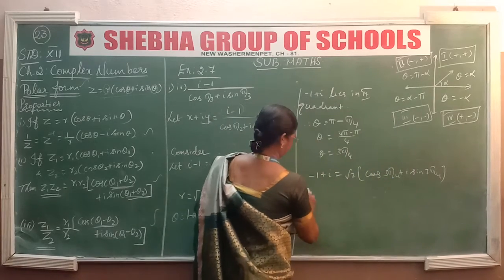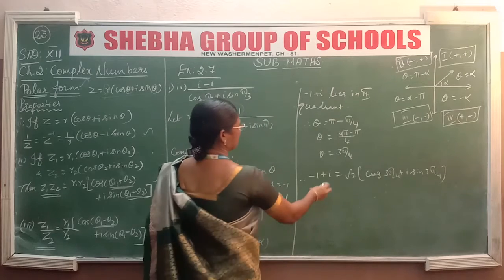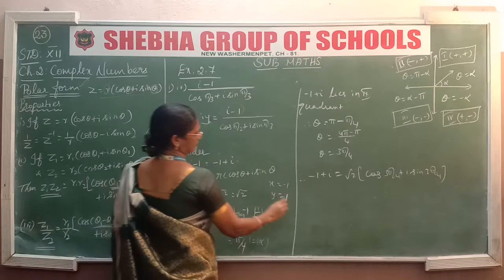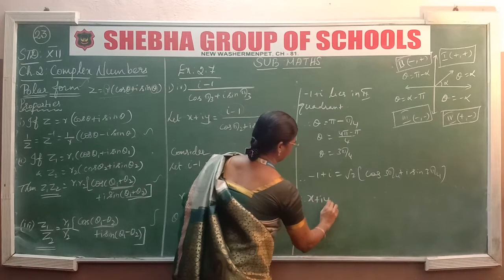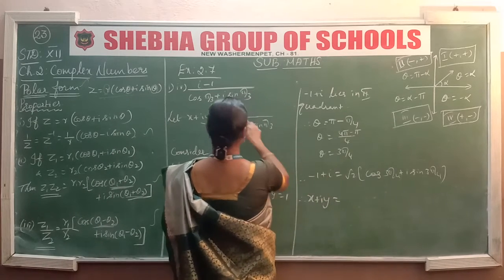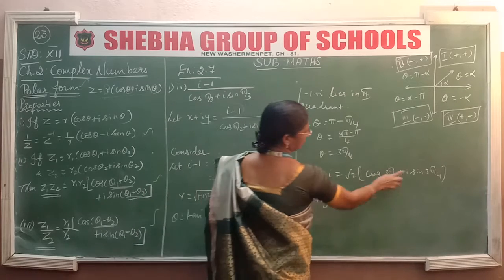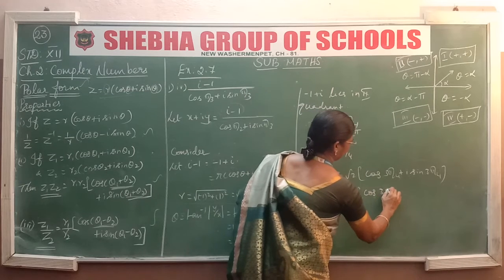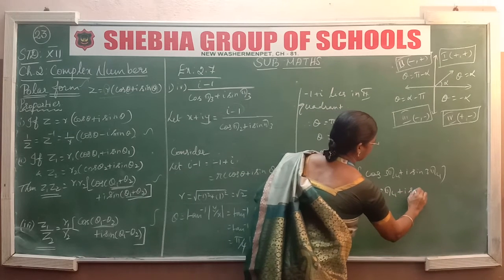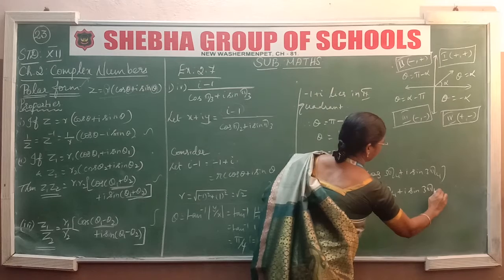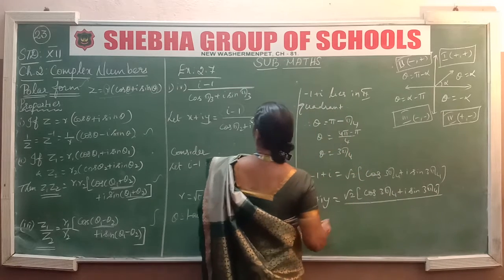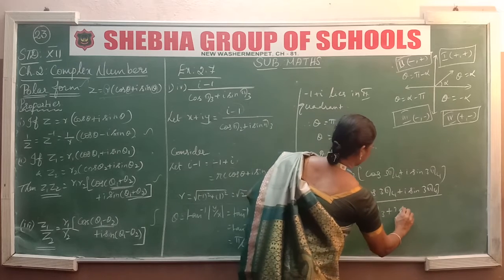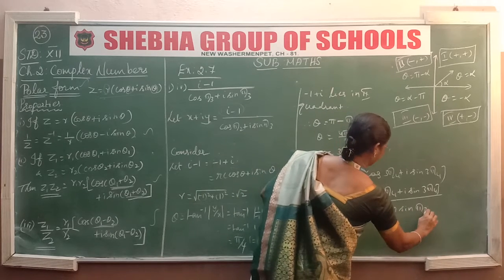First, substituting this value in the given one, that is x plus iy. Therefore x plus iy is equal to minus 1 plus i, this is in the numerator. Instead we replace this with root 2 into cos of 3 pi by 4 plus i sin 3 pi by 4, divided by cos pi by 3 plus i sin pi by 3.